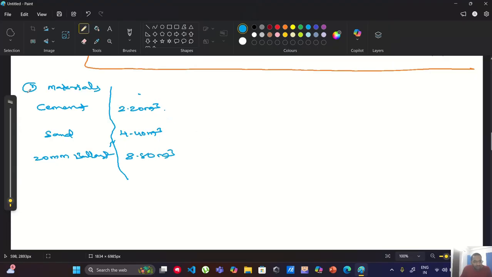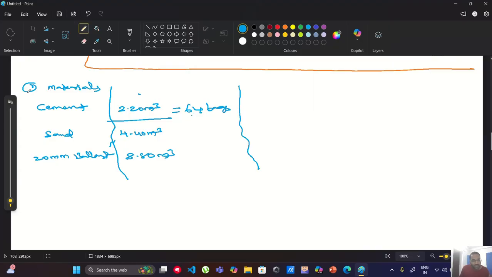In the market we don't have any rate for cement in cubic meter. So for converting cubic meter into kgs, in the market 50 kg cement bags are available. These calculations are already explained in the previous problem. Now directly I am going to calculate: for 2.20 cubic meter, 64 bags are required.